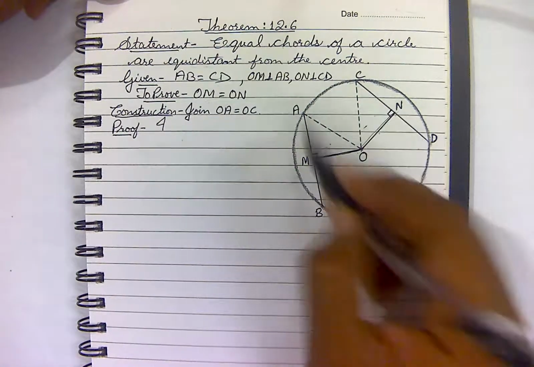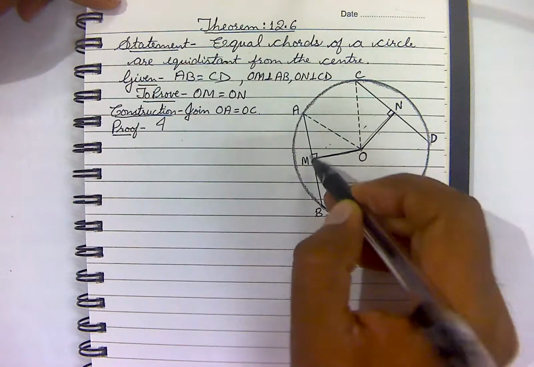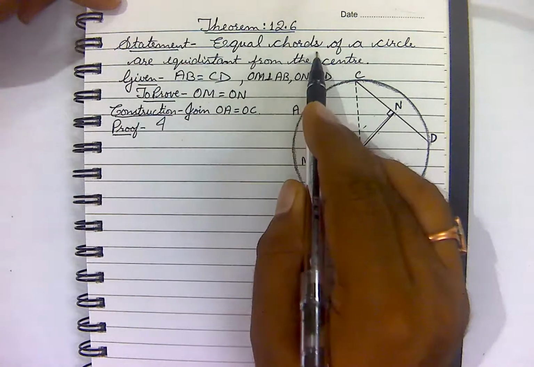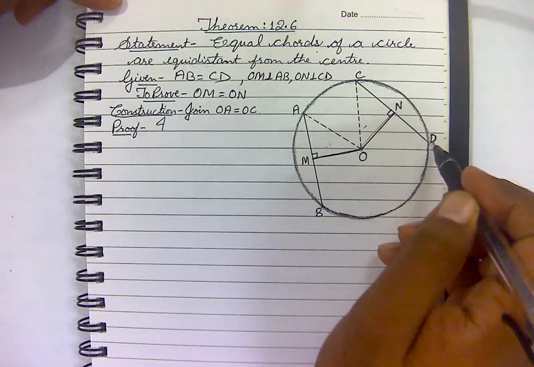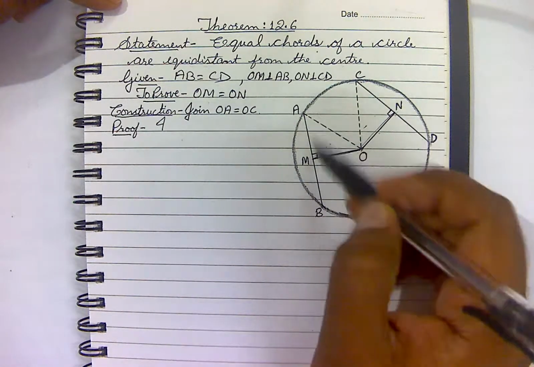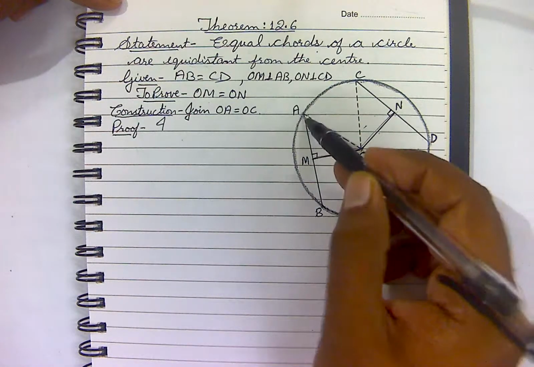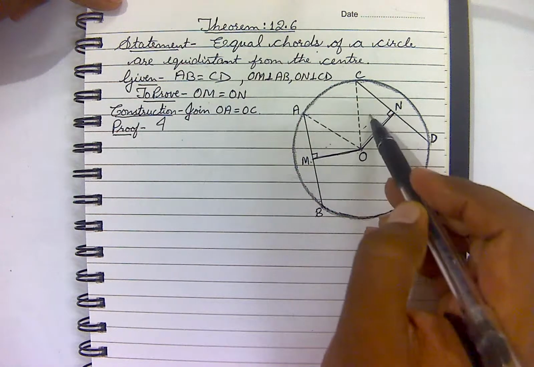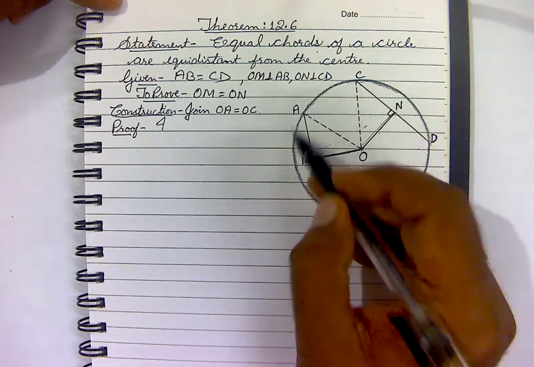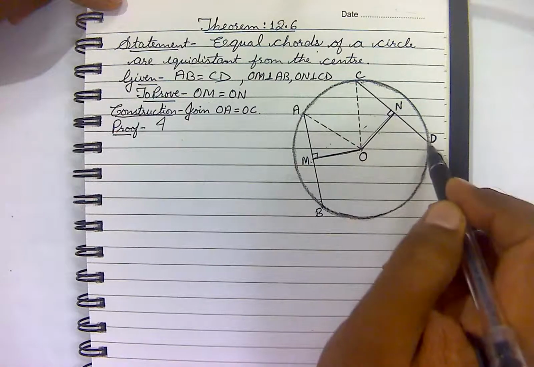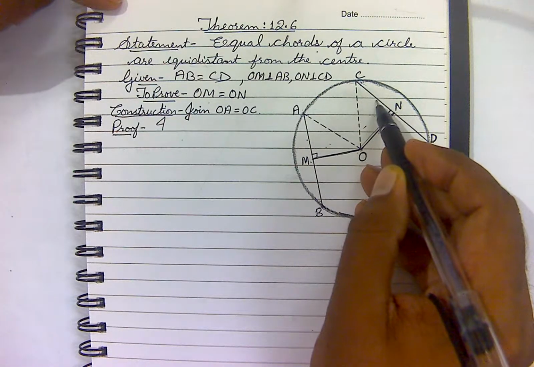We have chords equal, so AB is equal to CD. But in the triangle, AB is not included. What is included? AM. Whereas in the second triangle, in place of CD, CN is included. We are given that AB and CD are equal. Now, can we say that AM and CN are also equal?